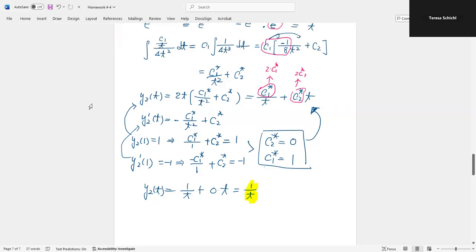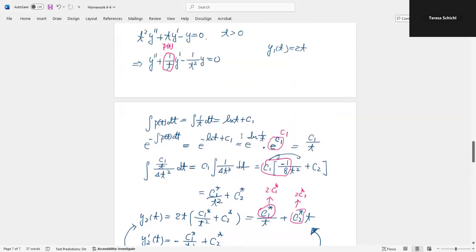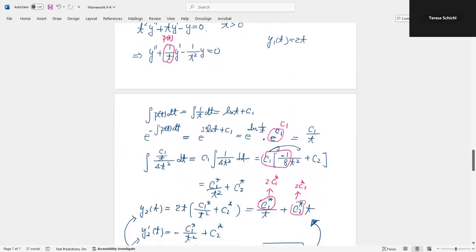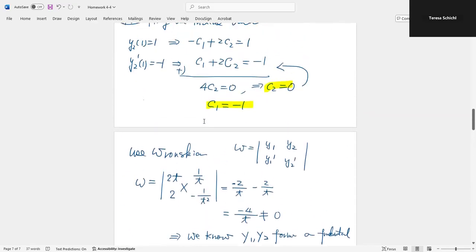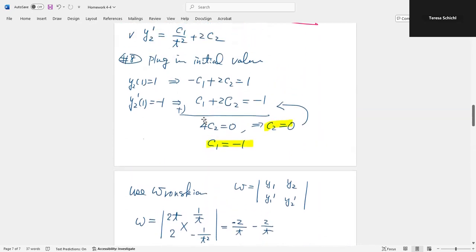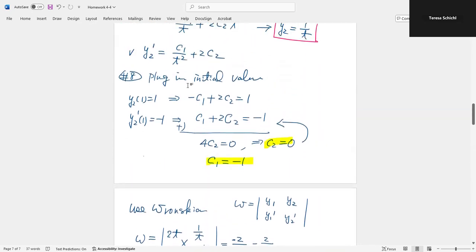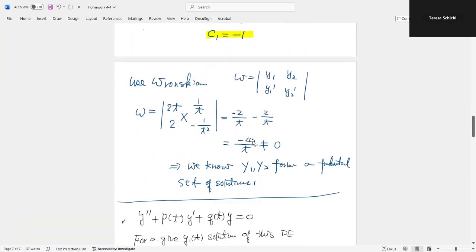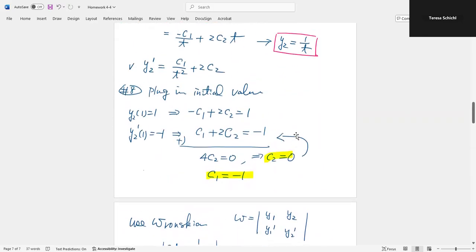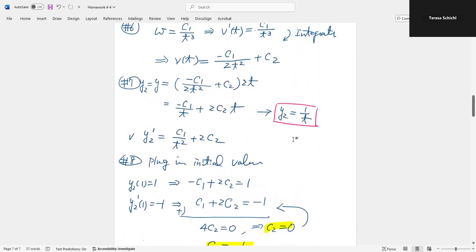Okay, so let me highlight this one, and then let's compare what we did in the other video. You can see here, this is very brief, very easy, right? So it's very short. And then let's see what we did there. Okay, so we plugged in the initial value, and so on. So we have 1 over t here, right? So that's what we got here, y equal to 1 over t.